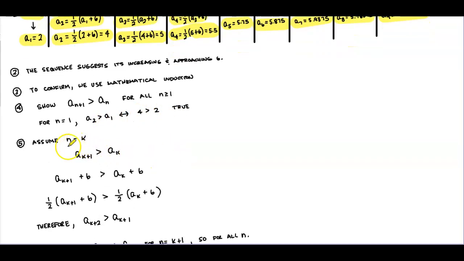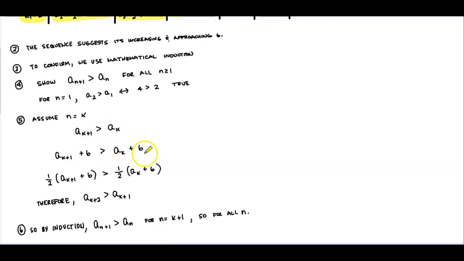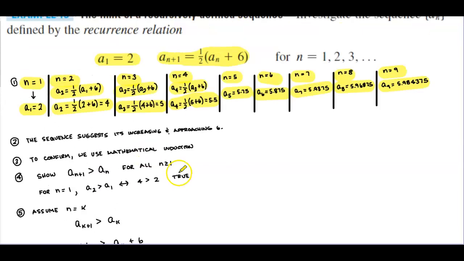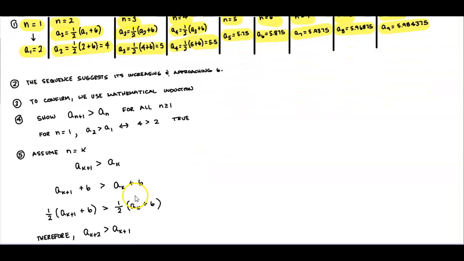So let's assume that n is equal to k. On the left side, we have a subscript k plus 1, on the right side a subscript k, with a greater than sign between them. What our original sequence tells us is that we add 6, so induction allows us to add 6 to both sides of this inequality.